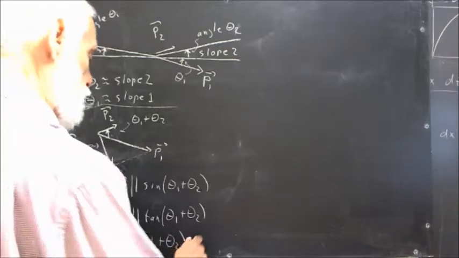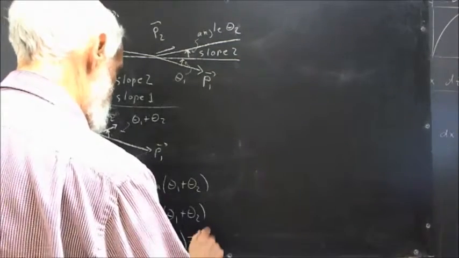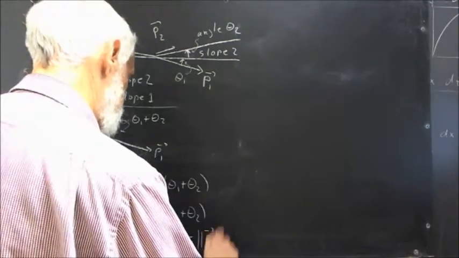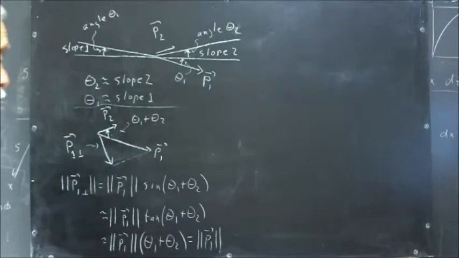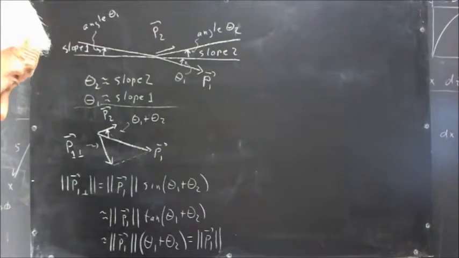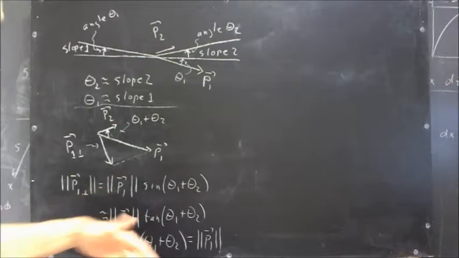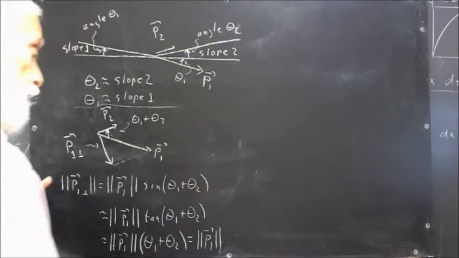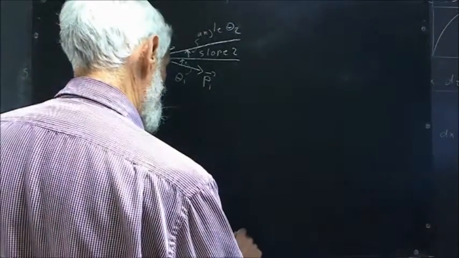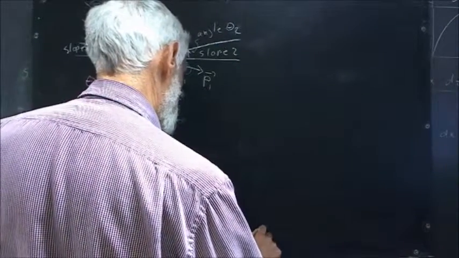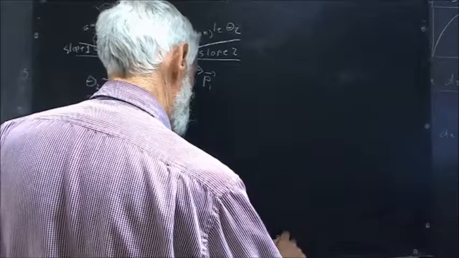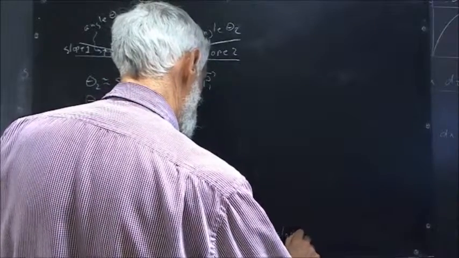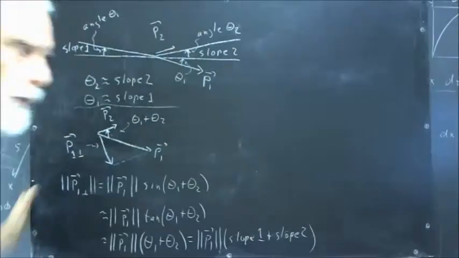And theta 1 and theta 2 are in turn equal to the tangents of theta 1 and theta 2, but I'll leave a little bit of the argument to you. That's magnitude of P1 times slope 1 plus slope 2.